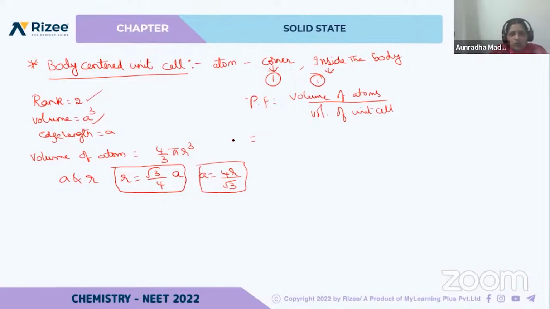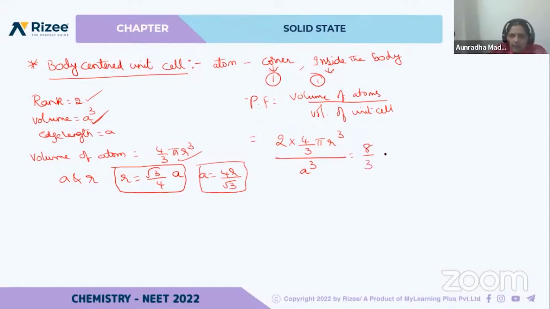Rank is 2, so 2 atoms per unit cell. So 2 into the volume of atom, 4/3 pi r cube, by volume of unit cell, A cube.